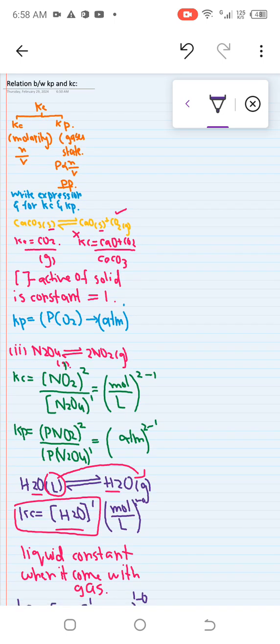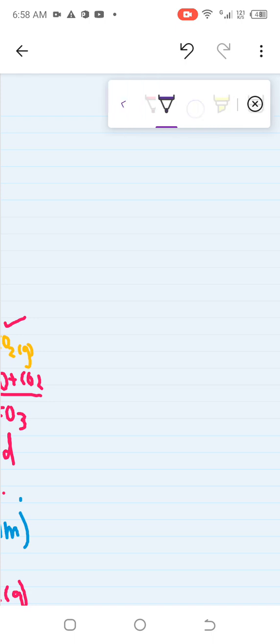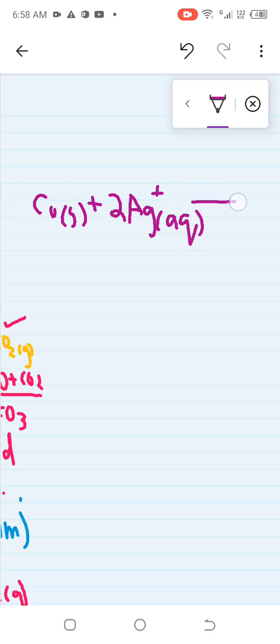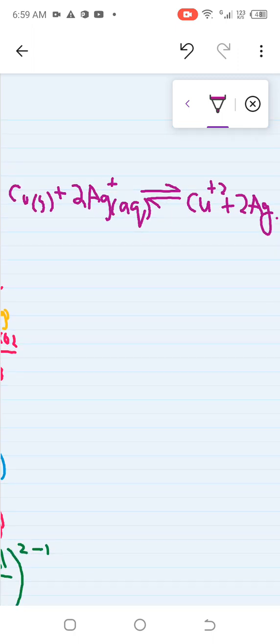Now we are going to discuss some more examples. Here is another example, taking copper. Copper in the solid state plus 2Ag+ in the aqueous state will give Cu2+ plus 2Ag. Now you have to find Kc and Kp.